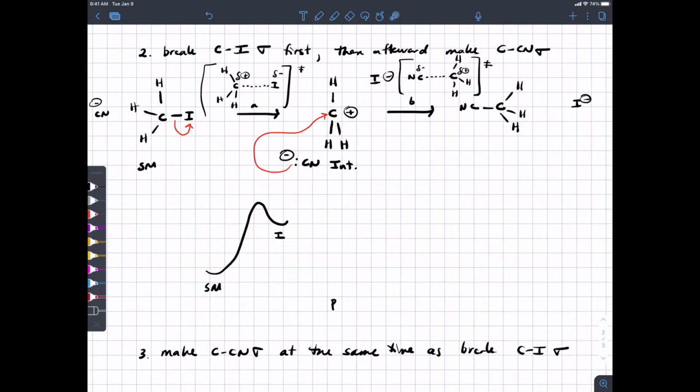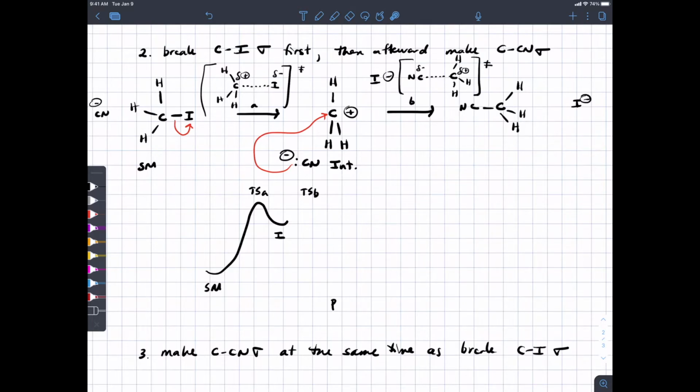Good. What do you think about transition state A versus transition state B? Which do you think is higher in energy? Probably A, because you're breaking a bond there, whereas here you're starting to form a bond.